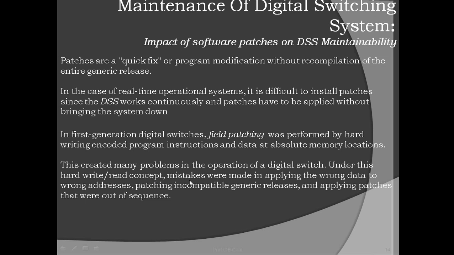Because writing the code at machine level means we have to write the instruction at each address, each address is taken into account. While doing that manually, obviously we make mistakes. Wrong data could be fed to the wrong addresses, patching incompatible generic releases, applying patches that were out of sequence.